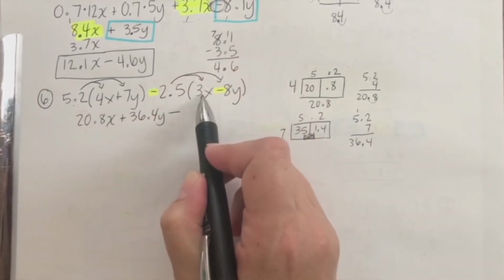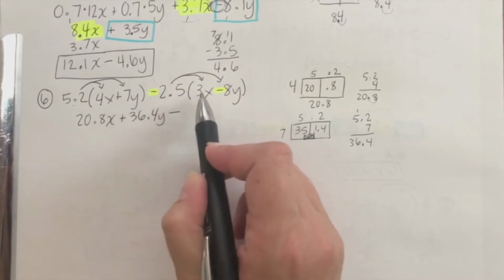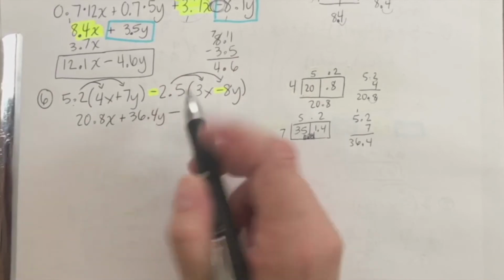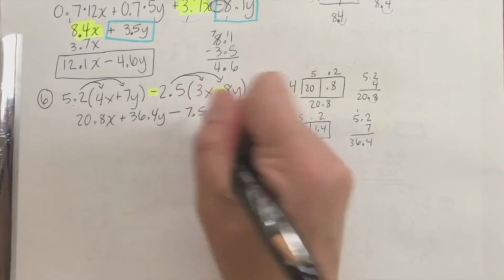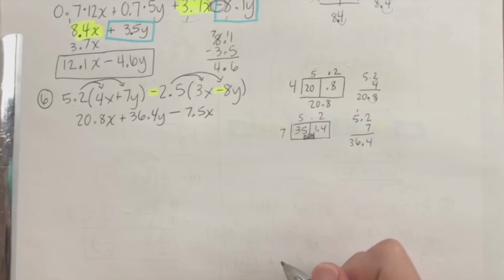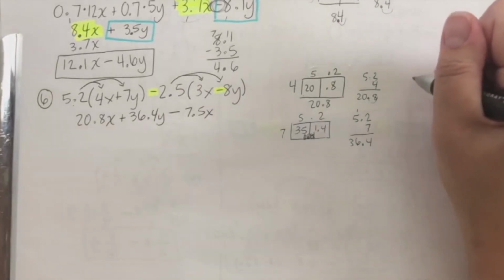2.5 times 3. 3 times 2 is 6. 3 times a half is 1.5, so that'll be 7.5x. I might have gone too fast there with my mental math.